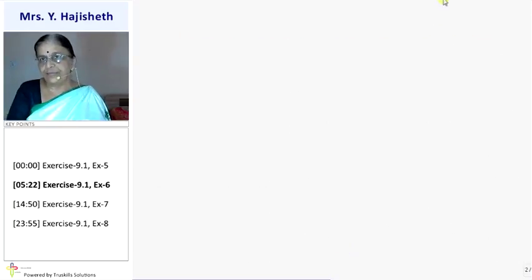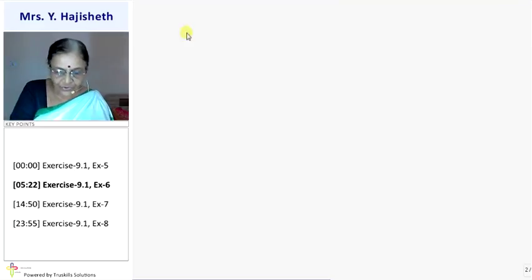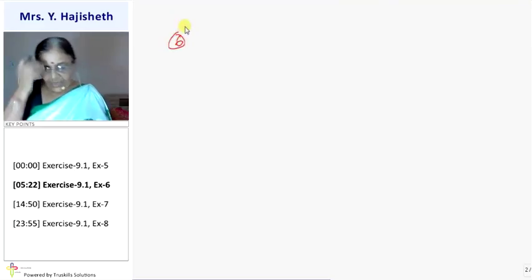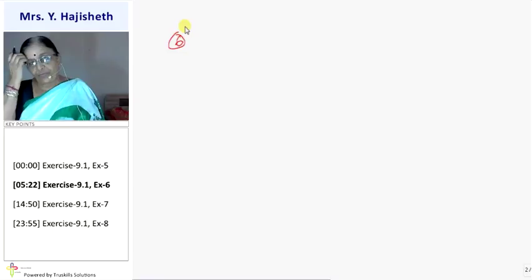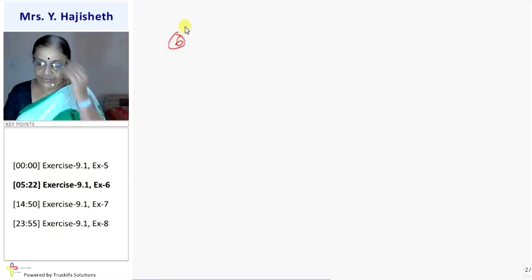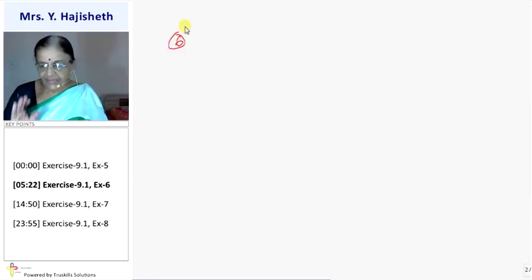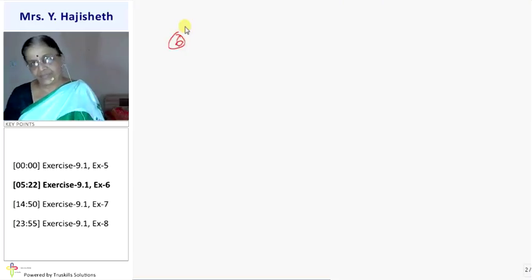Now your sixth sum is about a boy, a 1.5 meter tall boy, is standing at some distance from a 30 meter tall building. There is a building whose height is 30 meter, and from that building at some distance a boy is standing of length 1.5 meter.